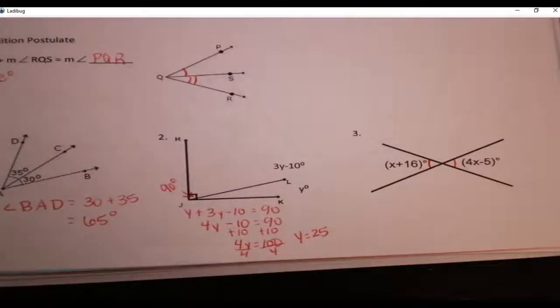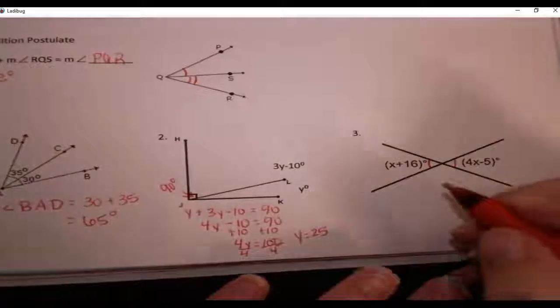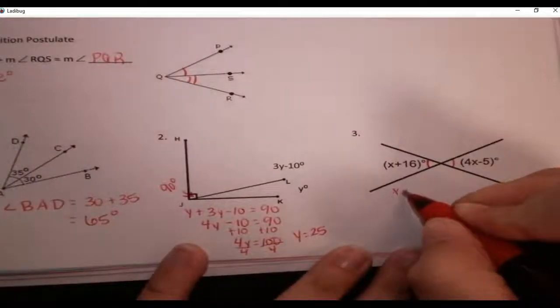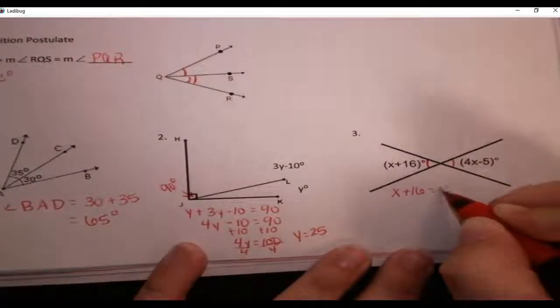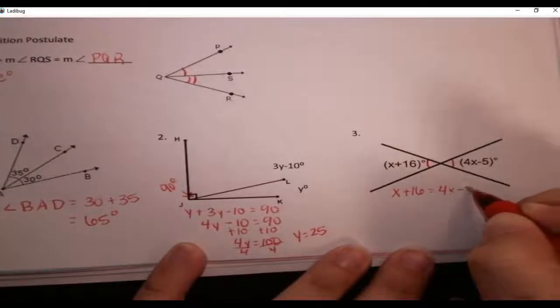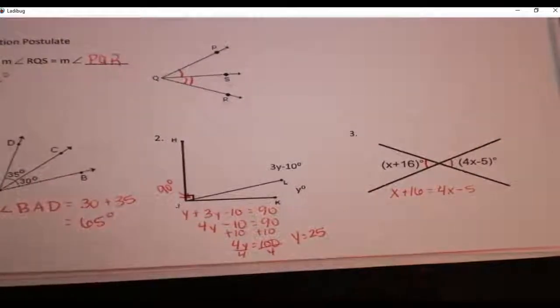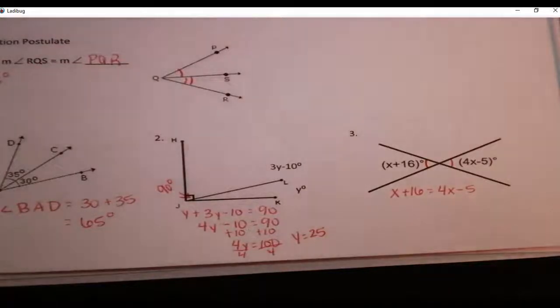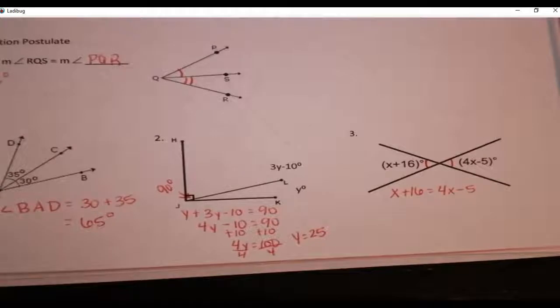So on this one, if we wanted to solve for x, we just set these equal to each other. And then you can solve it however you like to solve it.